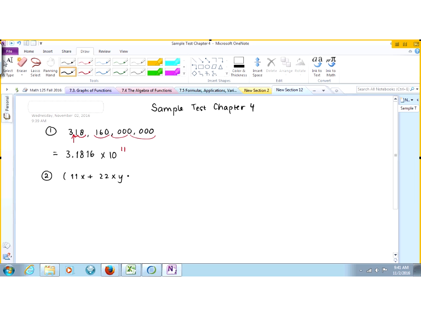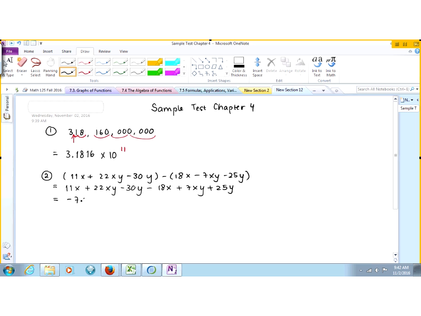Okay, number 2, subtract. 11x plus 22xy minus 30y minus 18x minus 7xy minus 25y. What are we going to do? Yes, it's 11x plus 22xy minus 30y, and minus 18x plus 7xy plus 25y.